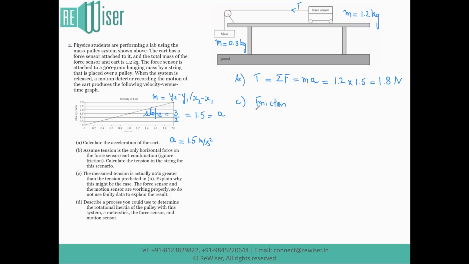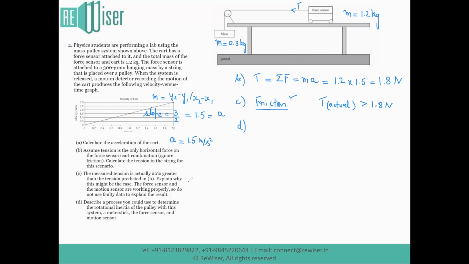Since friction is always involved in a realistic scenario, the actual value of tension measured will always be greater than the value theoretically found, which is 1.8 Newton, since the driving force, which is tension in this case, has to overcome the frictional force between the surface of the table and the wheels of the cart.